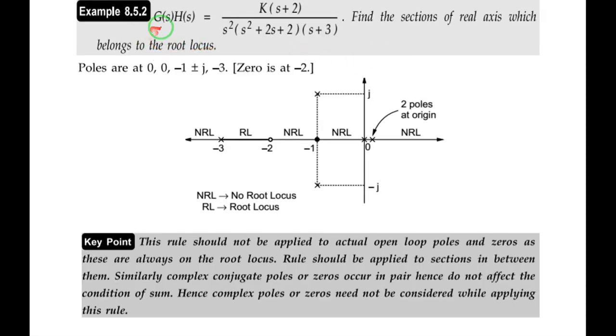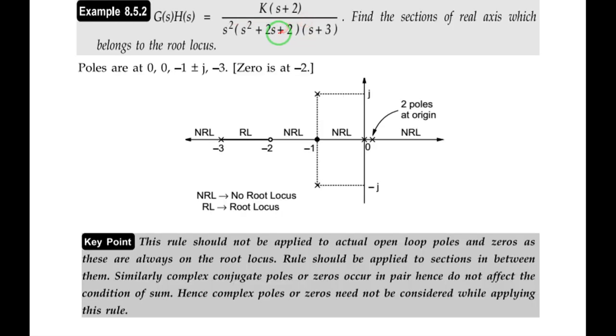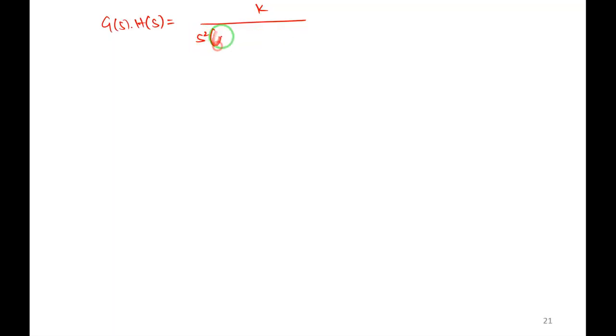G of s into h of s is equal to k divided by s square into s square plus 2s plus 2, into s plus 3.